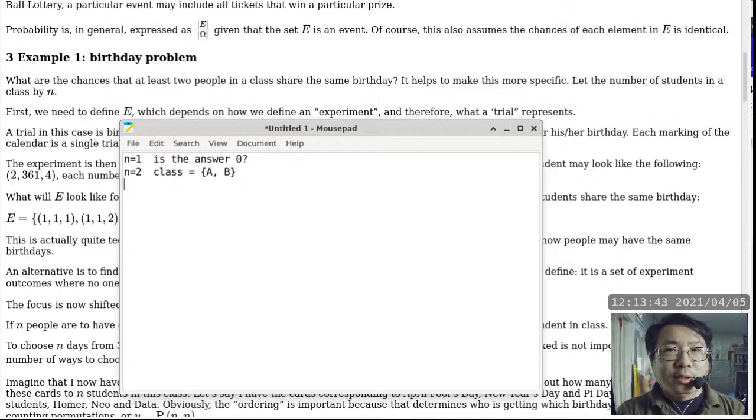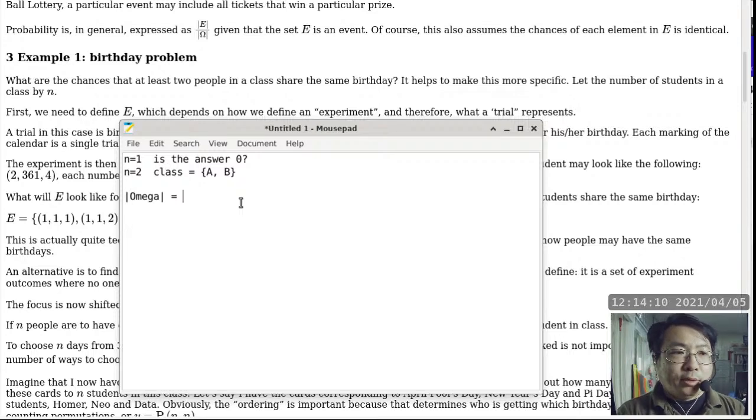So in a class of 2, there are 2 people in class. Let's think about omega first, or rather the cardinality of omega first. We are only concerned about the cardinality, and we can enumerate or list some of the elements in omega later on. But right now we just want to calculate the cardinality of omega.